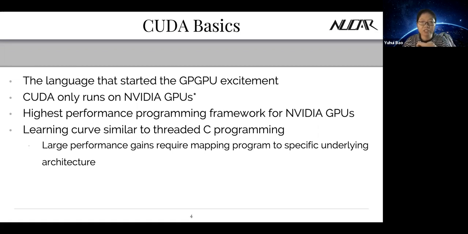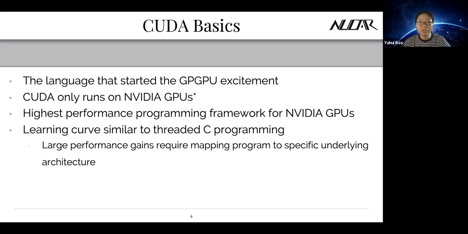So why do we need to learn CUDA? Why is it so important? It is the language that started the GPU excitement. GPU here is the general purpose GPU. We used to use GPUs for graphics processing, but now we use them with more purpose.